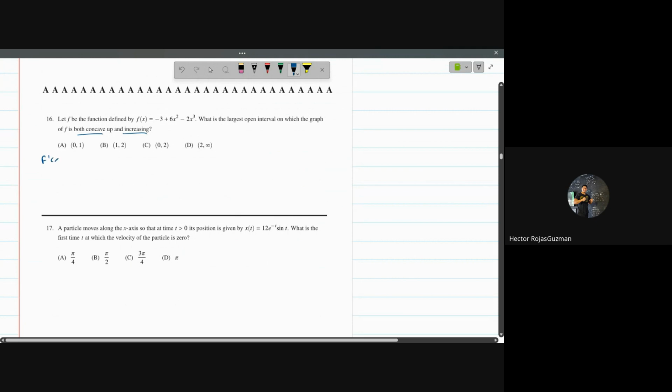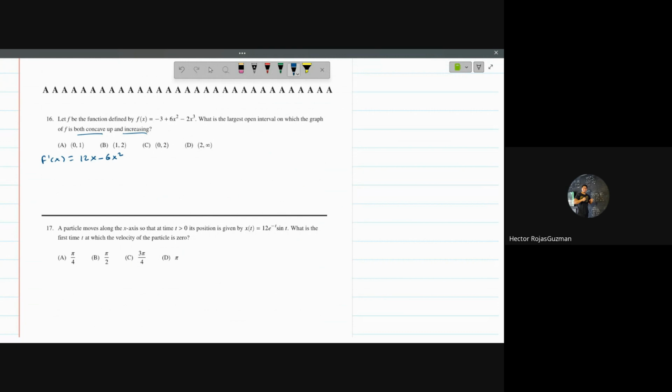F prime of x is equal to 12x minus 6x squared. And if you want to find the critical points, you have to set it equal to 0 and then solve this any way you can. So then x is equal to 0 and x is equal to 2. Those are your two critical points.